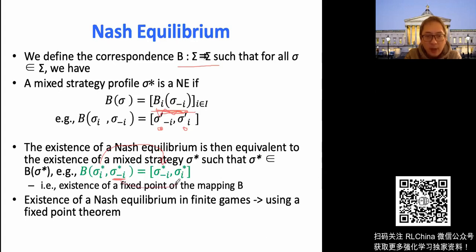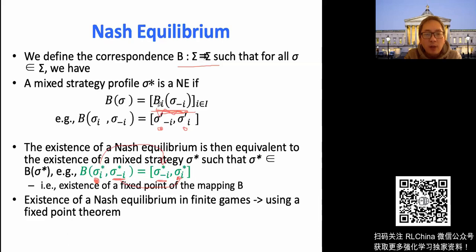Based on this, this is my best response for player i, and this is the best response for all the other players, conditional on my playing this sigma i star. So you can think about this as a kind of mapping.